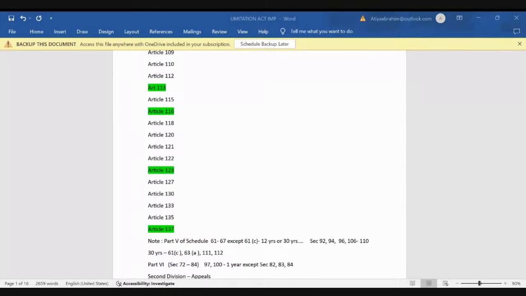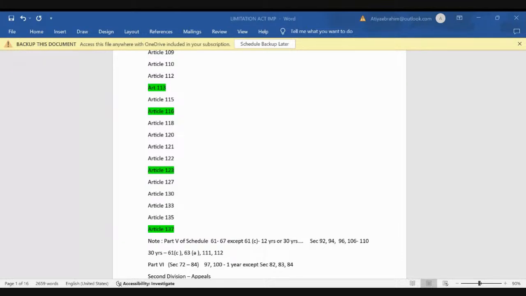Now it is there to quiet long possession and extinguish stale demands. Please note this down also. The Limitation Act is giving you an expiry date so that it can quieten long possession and extinguish stale demands. So it is giving you peace, security, and justice also.